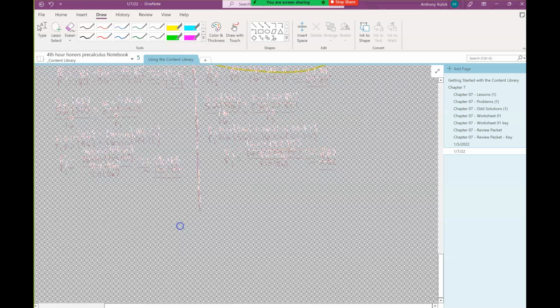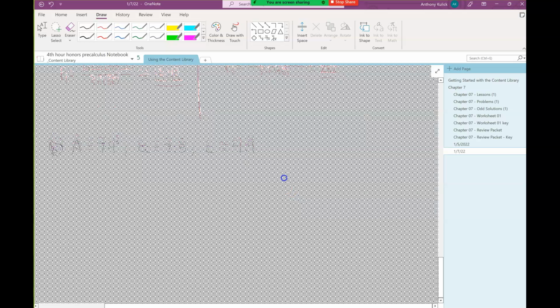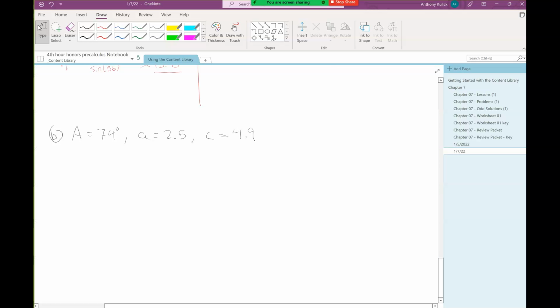So let's look at another example here. So here we have a 74-degree angle A, a side A that's 2.5, and a side C that's 4.9.